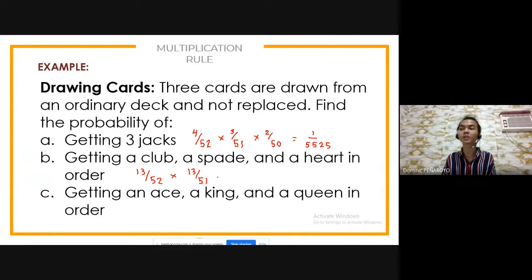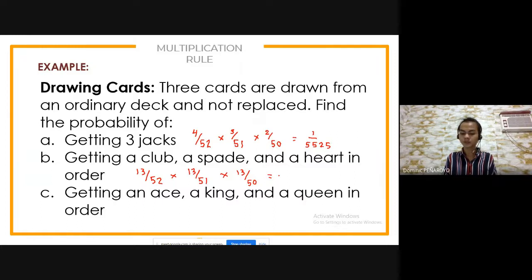So 13 over 51 times, okay, a heart. And a heart on the third draw. So, ilan ba yung heart in a deck of cards? So, we also have 13. Pero, bawas na din siya ng isa. So, that would be 50.